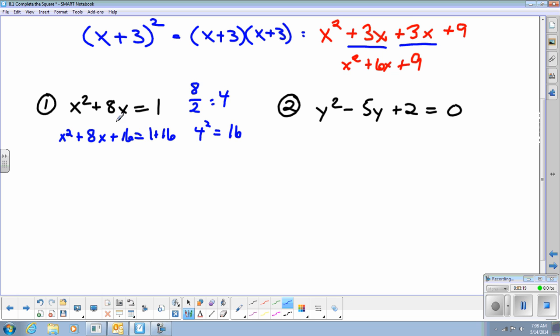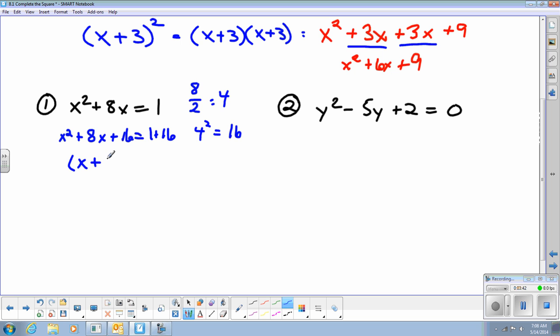But what I have created on the left side of the equation is a perfect square trinomial. So how do I deal with it from here? Well, the nice thing is now I'm going to take this perfect square trinomial and I'm going to factor it back into something like this, x plus 3 squared here. So again, I know a middle term, 8 divided by 2 was 4. Well, that then tells me what to put inside the parentheses.